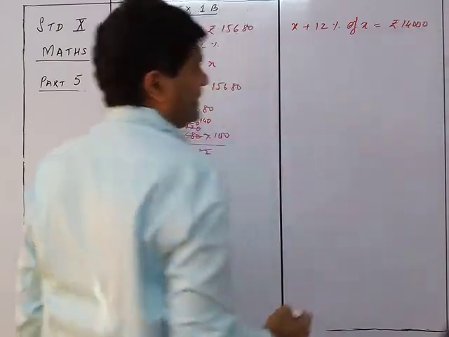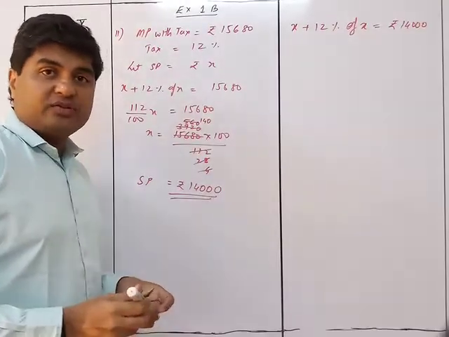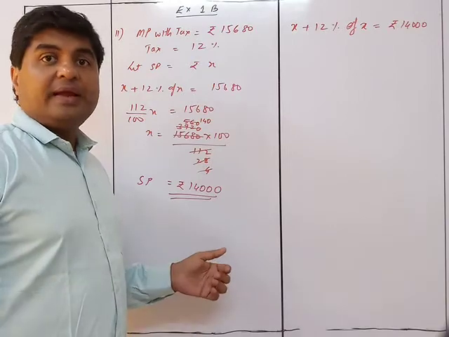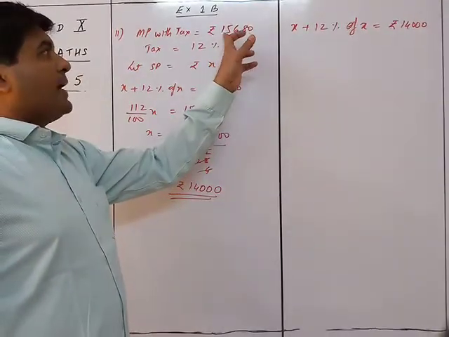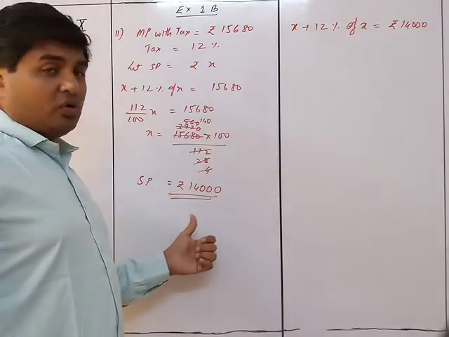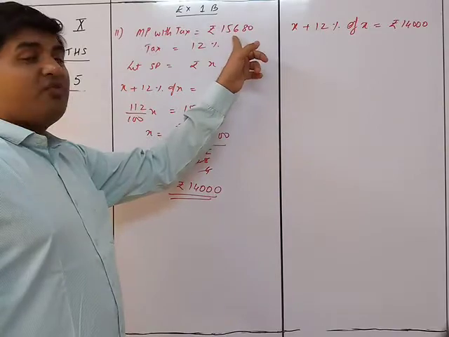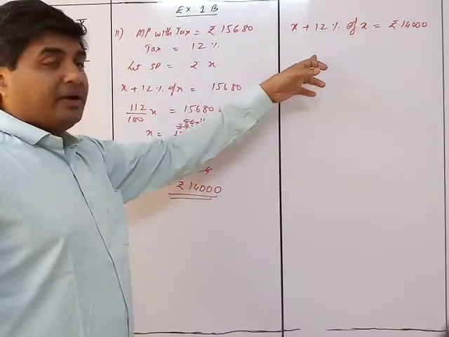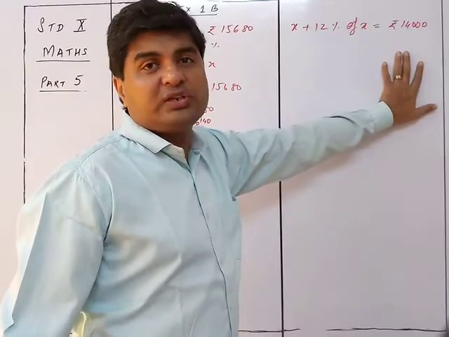So he wants the material to be given to him at the selling price excluding the sales tax. But remember, this will not be equal to 14,000. It will be something different. Why? Because here he wants it at 14,000 inclusive of taxes.